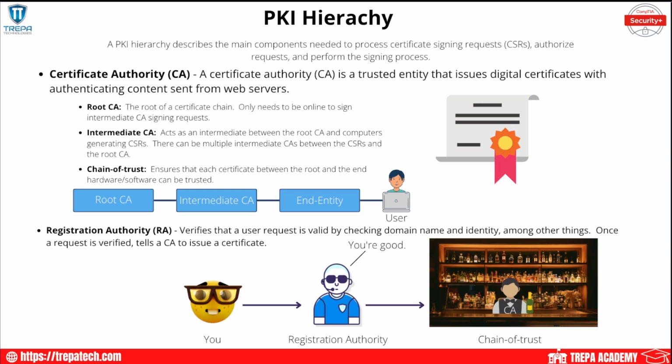So in some PKI systems, the RA functionality is integrated to the CA, so sometimes it's not a completely separate device or server. Now, probably in a large enterprise, like if you're Google, you might have some RAs, and the reason being, you just want to make sure that these domains that may be requesting a certificate to be used in HTTPS connections, you want to make sure they're not like blacklisted, okay? Or a well-known malicious domain.